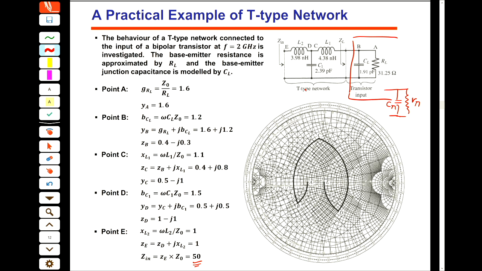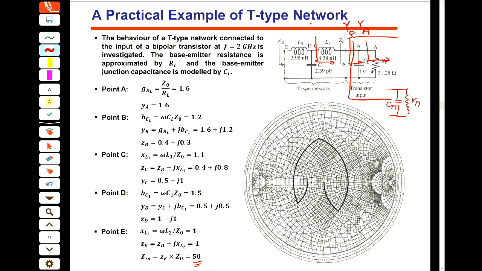The first thing is that you have to find the input admittance, because here it is parallel at point A. So this is point A, and then point B, again admittance. So we need YA and then YB, and then we have to change this YB into ZB because then it is in series with this one.